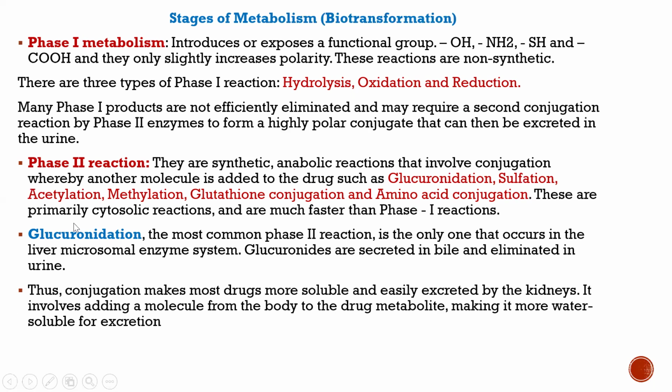All right. So many phase one products are not effectively eliminated and may require a second conjugation reaction by phase two enzymes to form a highly polar conjugate that can be excreted in the urine. So after phase one metabolism, some of these drugs are not eliminated, so they have to undergo the second stage of metabolism, which is the phase two reaction.